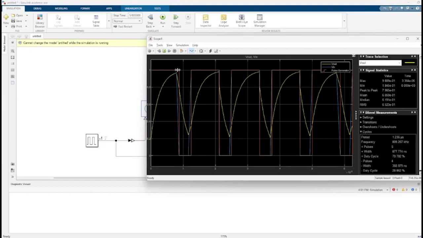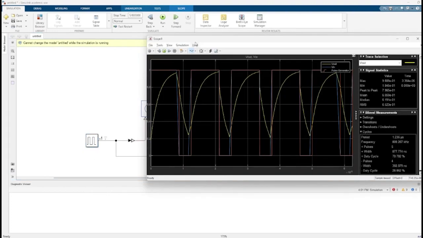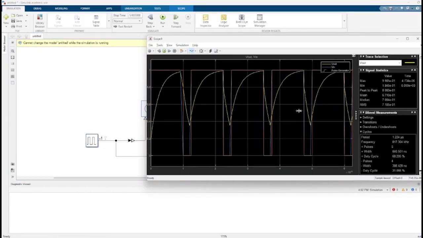See, we have a better curve here. This is smoother. So increasing the duty cycle above 50% will result in smoother filtering, while decreasing the duty cycle below 50% will result in sharp filtering.